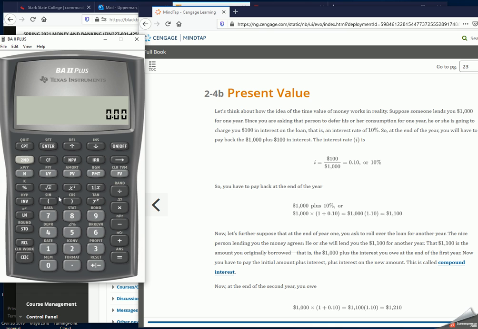This first example is saying if you start with $1,000, so if someone lends you $1,000 for 1 year, and they're going to charge you interest on that loan, this is just our basic simple interest formula, which is your interest divided by your principal. Again, because your time is just 1 year, that doesn't factor into it. So that part is fairly simple.